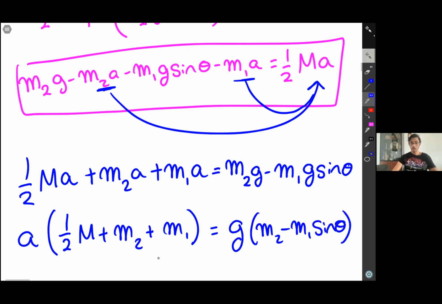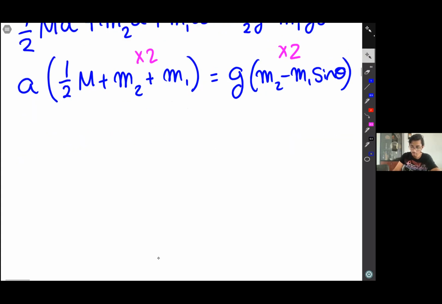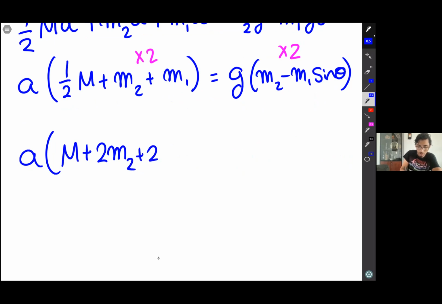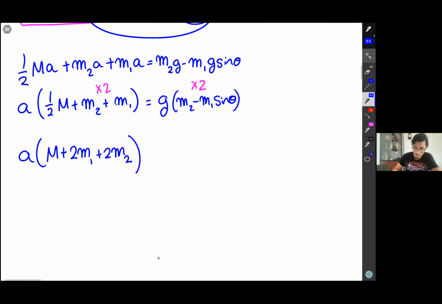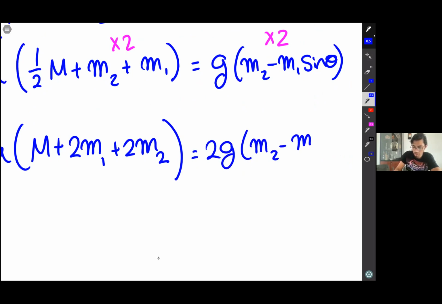Now, I don't really like the fraction, so a simple way to get rid of it is to multiply by 2 on both sides of the equation. If I multiply by 2 throughout, I'll get A times M plus 2M2 plus 2M1. I don't really like the way that M2 and M1 are written, so I can just swap them. And that will equal 2G times M2 minus M1 sine theta.